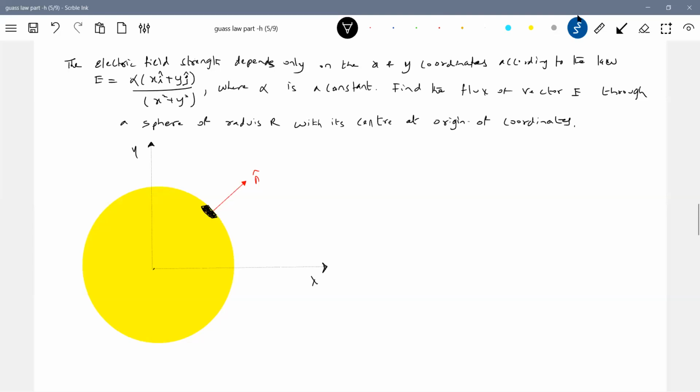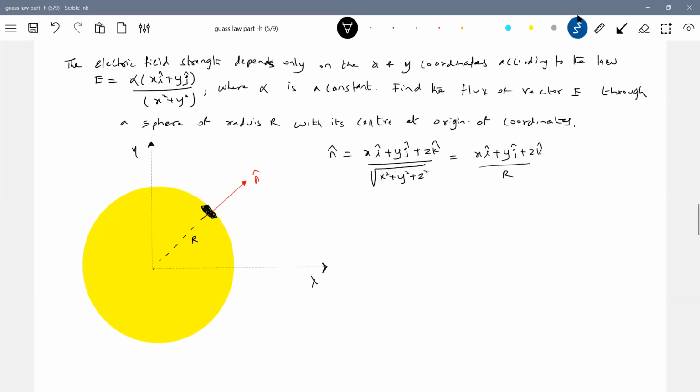So the unit vector will become x i cap plus y j cap plus z k cap by root of x square plus y square plus z square, and this should equal the radius r.